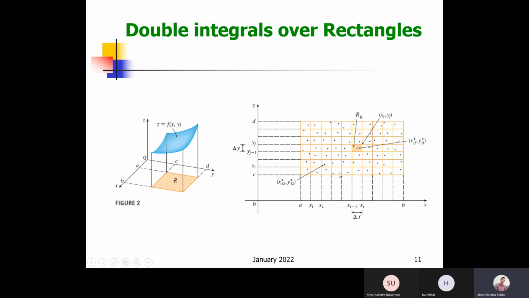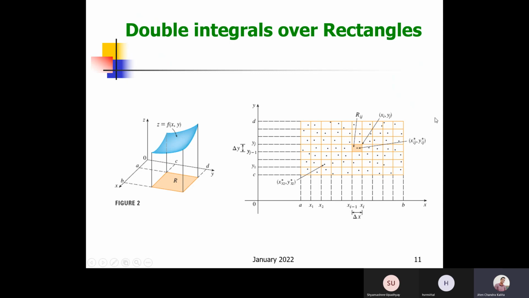Then we have subdivided the rectangle into mn subrectangles in such a way that I am dividing the interval [a,b] into n subintervals along the x-axis, and [c,d] into m subintervals along the y-axis. Although in the figure they are writing it as intervals of equal length, let me reiterate that it doesn't necessarily have to be, as m and n tend to infinity, eventually it is going to lead you to the same result.